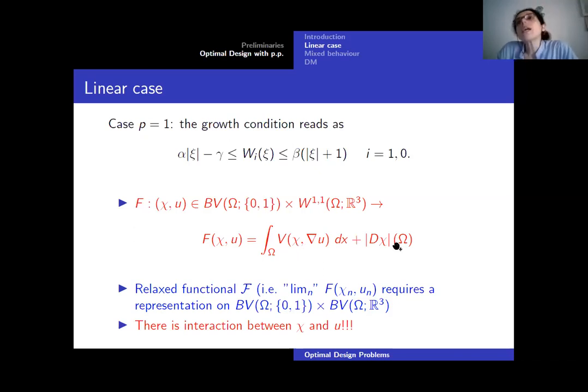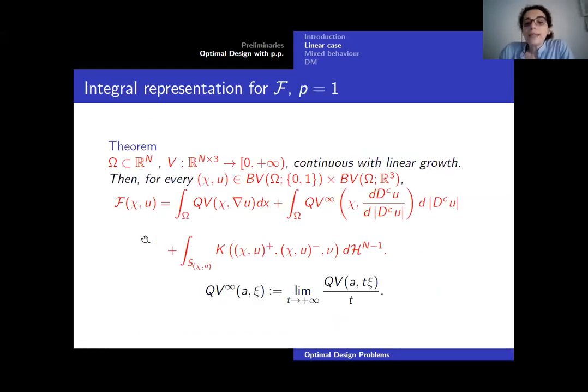So it's natural to expect that even the relaxed functional calligraphic F is a measure again, or at least under natural assumptions on V, one can prove that this calligraphic F is still a measure. And this is what we have done. And this led us to the following representation, namely that this relaxed energy, calligraphic F of chi and u, is the sum of three contributions.